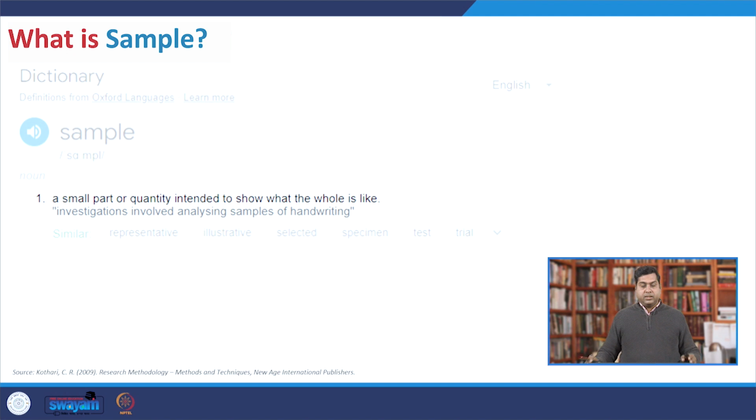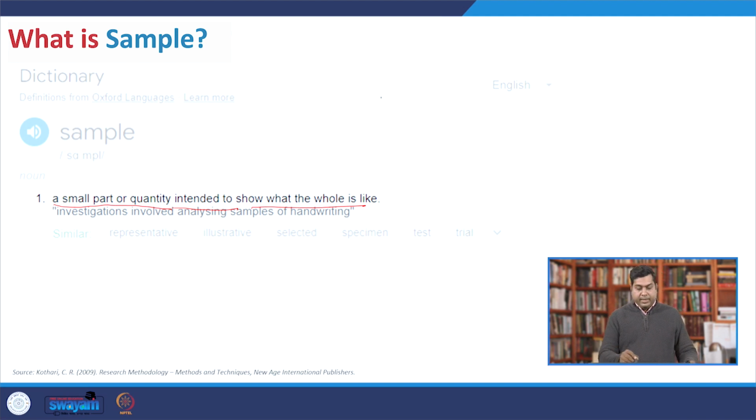So what exactly is a sample? If you look at the dictionary meaning, a sample is nothing but a small part of a quantity intended to show what the whole is like. That means it is just a small subset of a bigger set of data, or you can say the population, the total number of people in a particular region or study area, or it may be the target group.